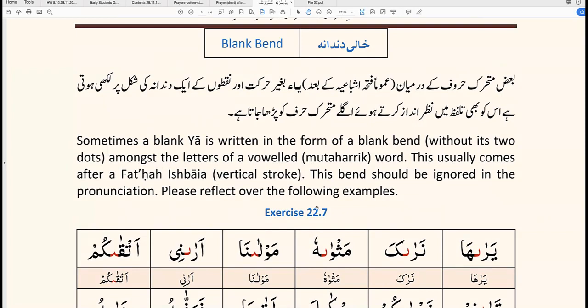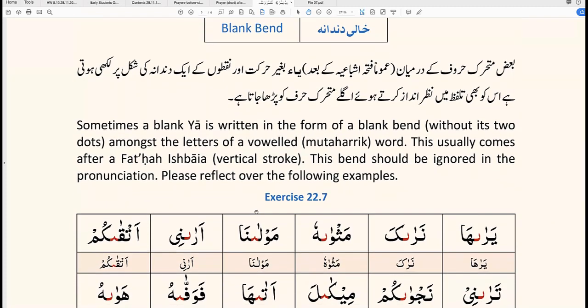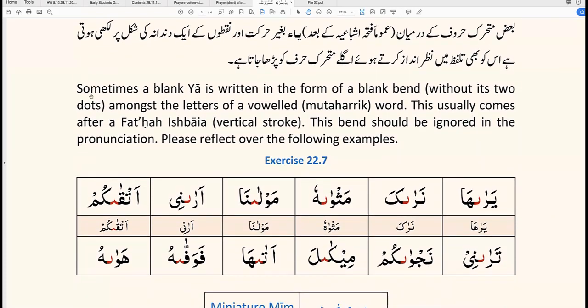So let's have a read what's been written here. Okay, so sometimes a blank ya, and I'll explain that in a moment, is written in the form of a blank bend without its 2 dots. So let's have a look here, okay?